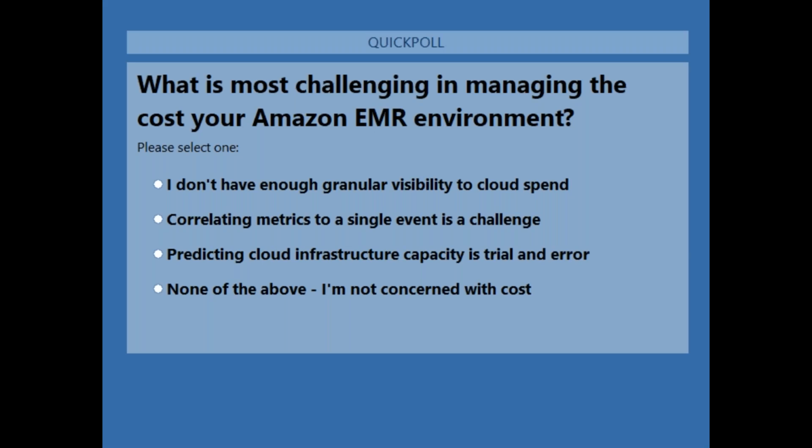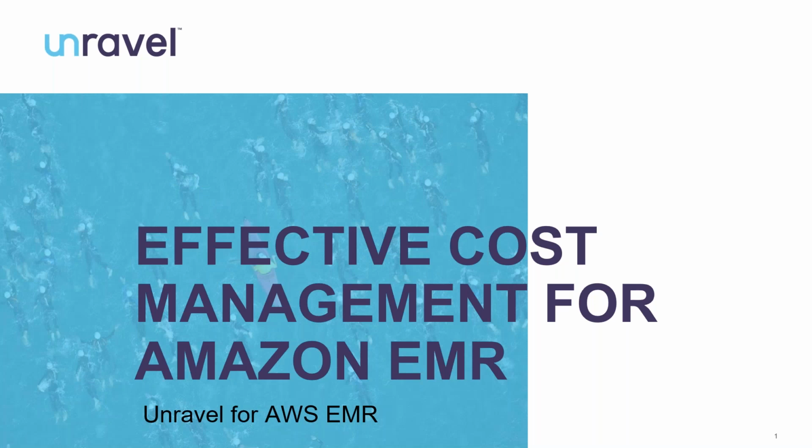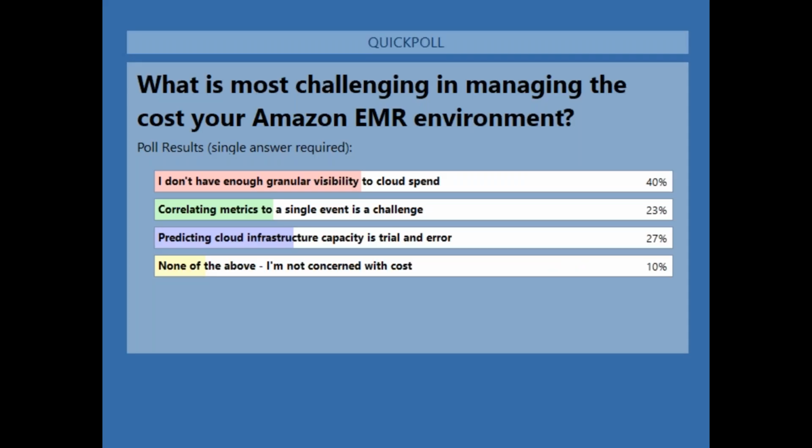Okay, we'll give you a couple more seconds to submit your answer, and then I'll close the poll and show you the results. Looks like the majority of you don't have enough granular visibility to cloud spend.